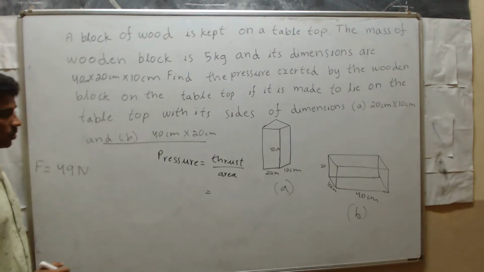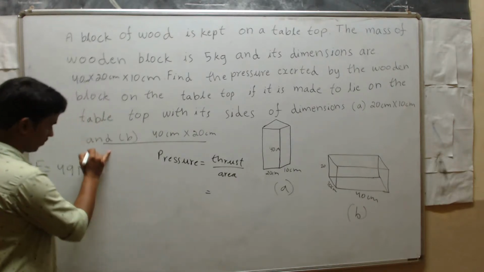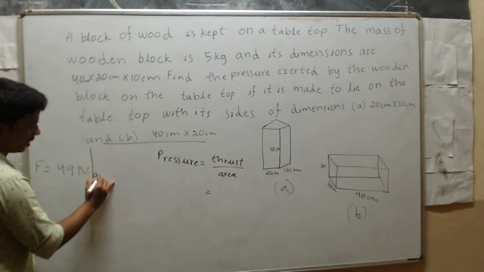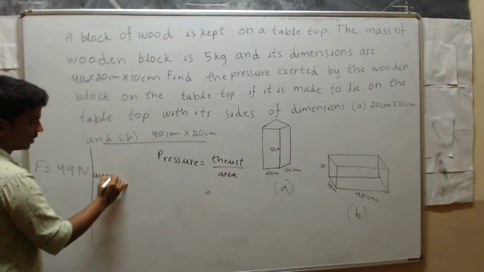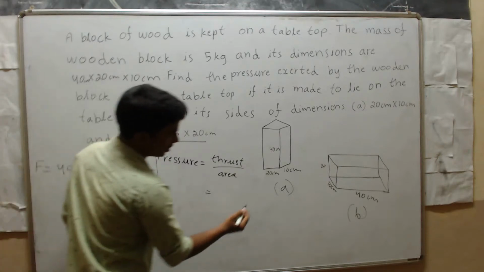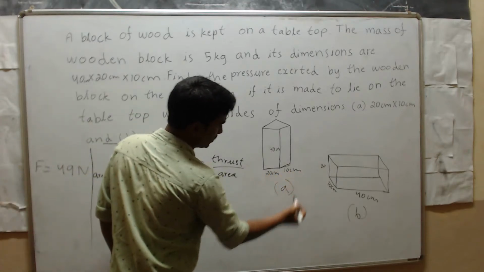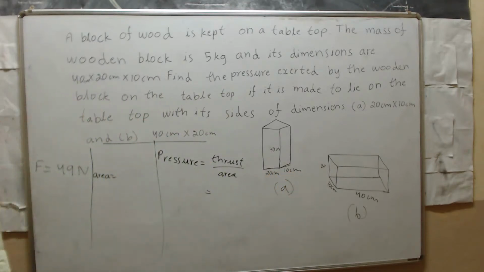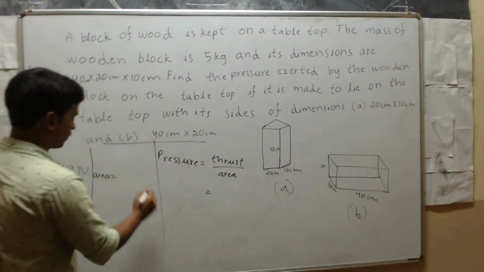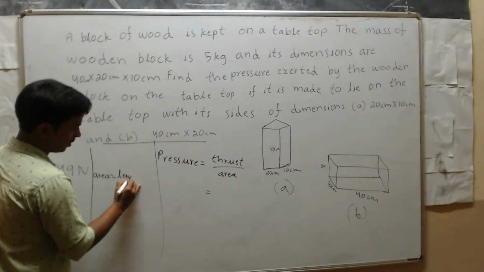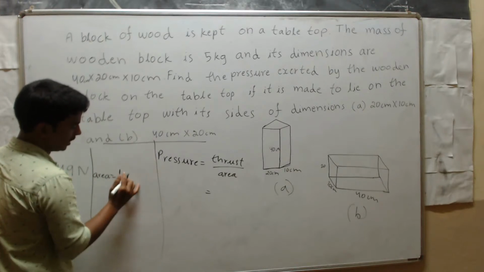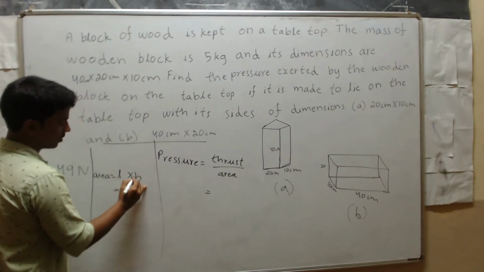Now calculate area. How to calculate area? See, now the area is 20 by 10 centimeter, right? So that is length into breadth. I'll write the short form, length into breadth.